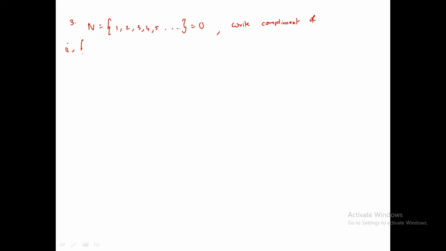The first one, x such that x is an even natural number. So if you take this as A, A dash will be, remove even natural numbers. Left is odd natural numbers.